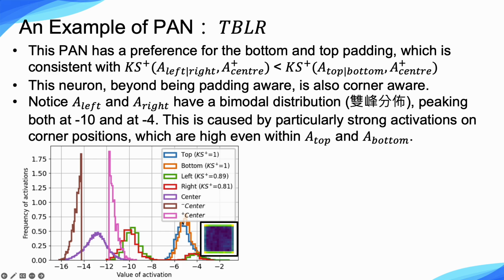Notice that the left and right have a bimodal distribution, peaking at -10 and -4. This is caused by particularly strong activation on corner positions, which you can see as high values in the top and bottom distributions. The corners of these feature maps have higher values than other places in the feature maps.